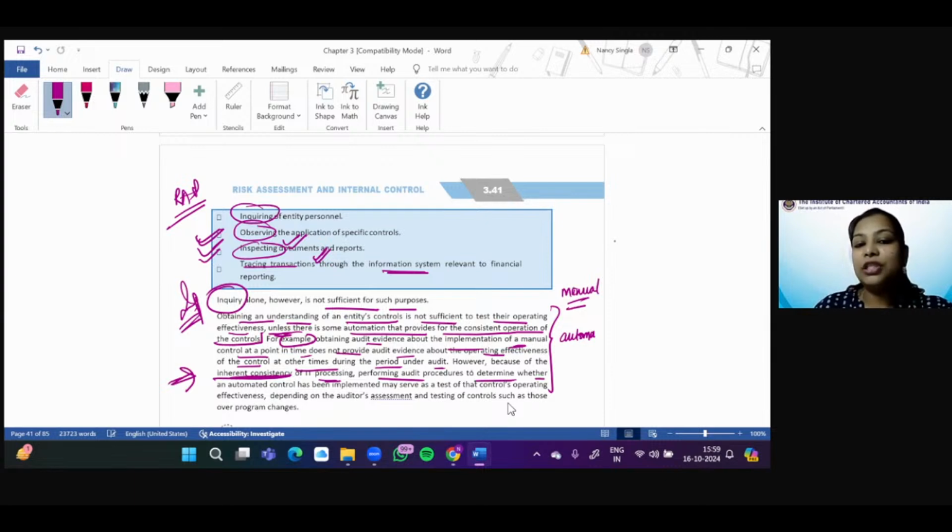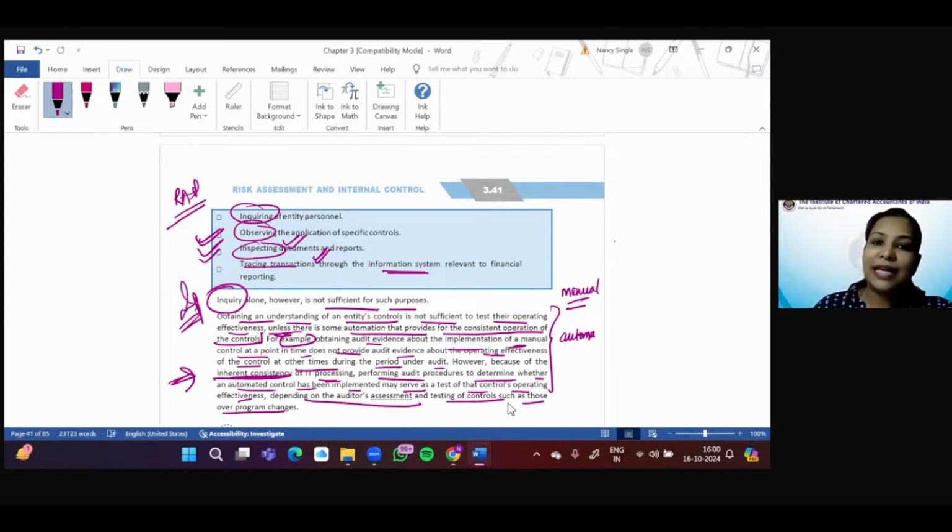Performing audit procedures to determine whether an automatic control has been implemented may serve as a test of the control's operating effectiveness, depending upon the auditor's assessment and testing of controls such as those over program changes.